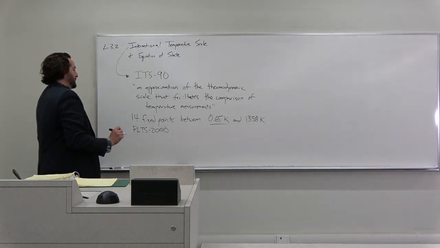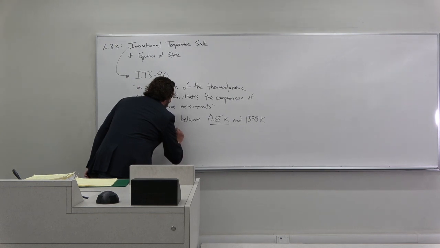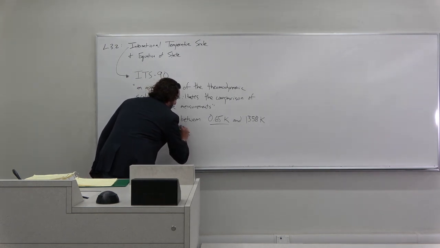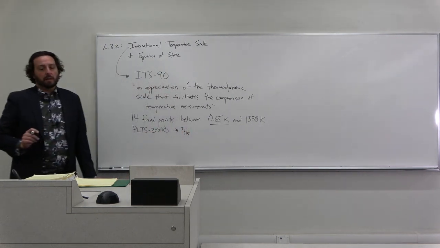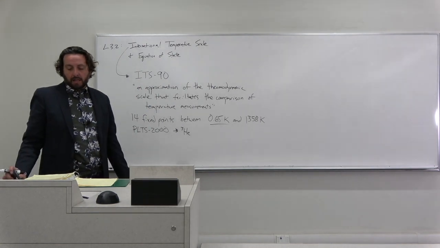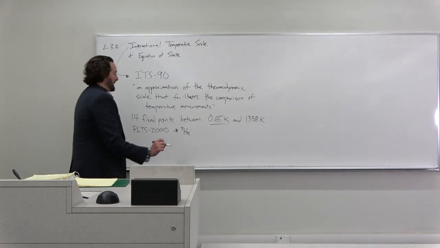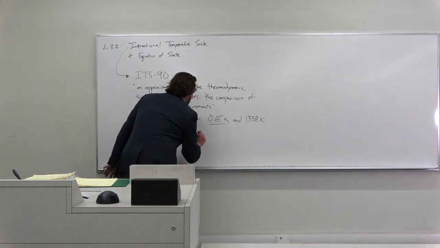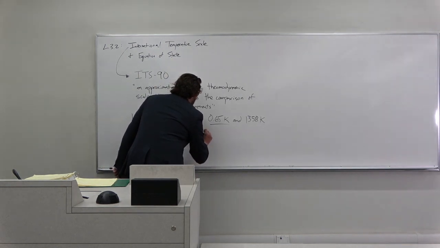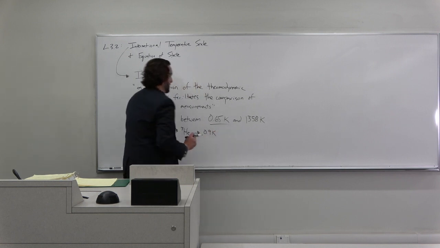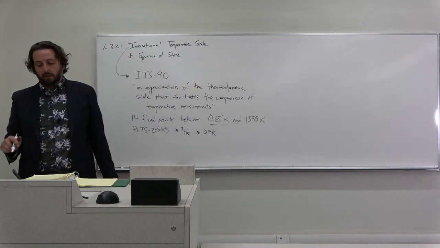It adds the properties of the rare isotope, helium-3, to the temperature scale, and it allows it to extend the definition down to, I believe, 0.9 Kelvin. So 900 millikelvin.